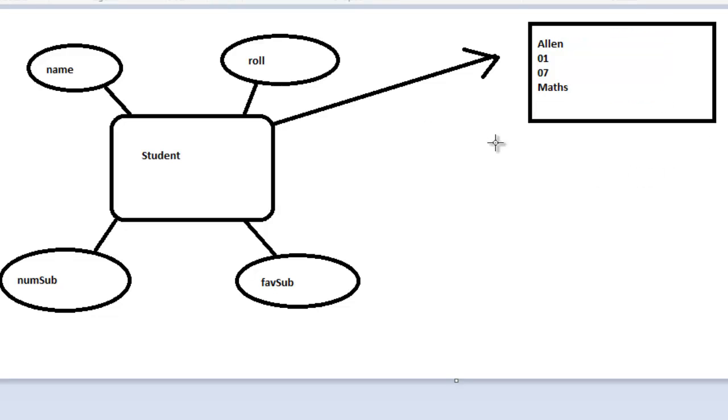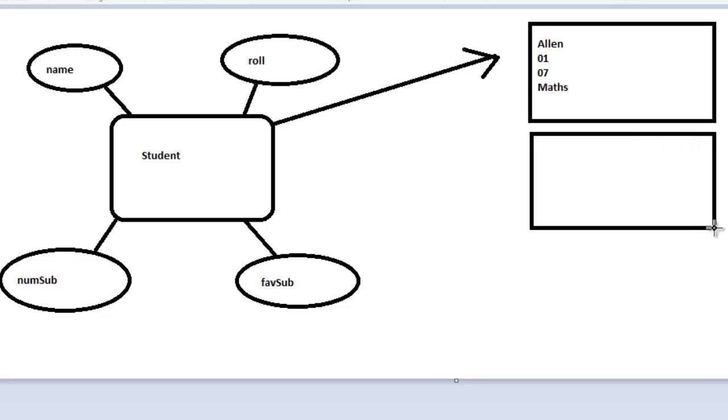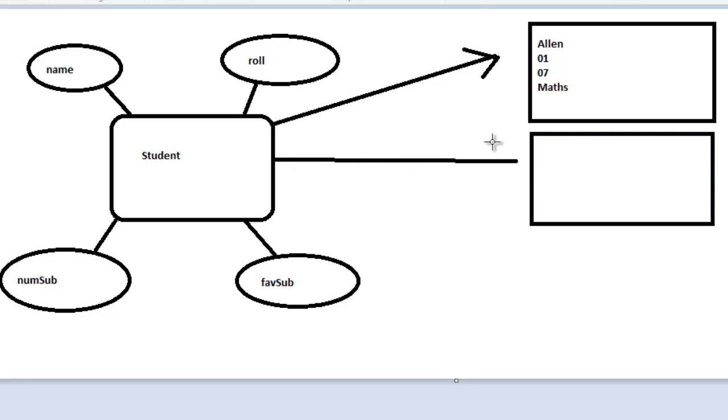Okay, we have student number 2 here. This is another student. And this student's name is Bella. Roll number 2. Number of subjects taken is 3. And the favorite subject is history.